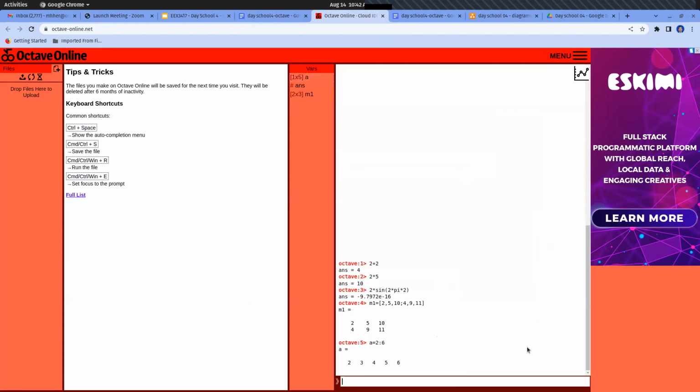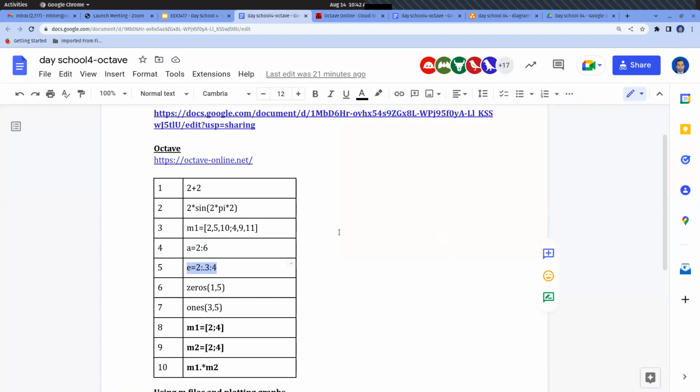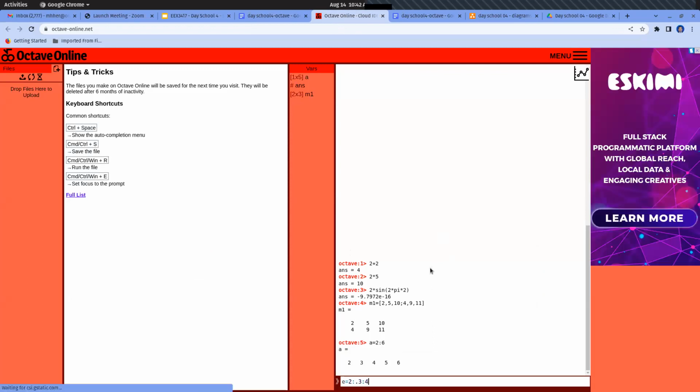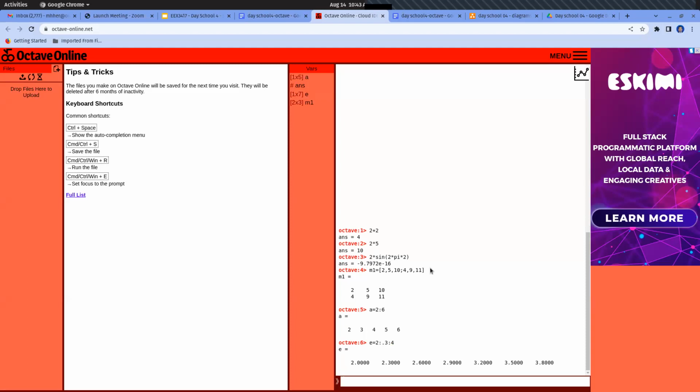Next, 2 to 4 with step 0.3: the numbers from 2 to 4 in steps of 0.3, like 2, 2.3, 2.6, 2.9, 3.2, 3.5, 3.8, up to that.